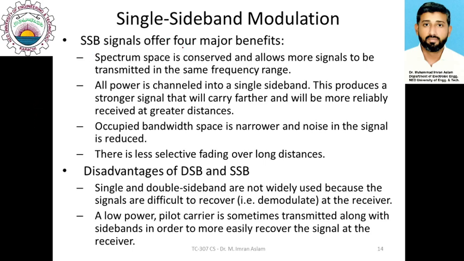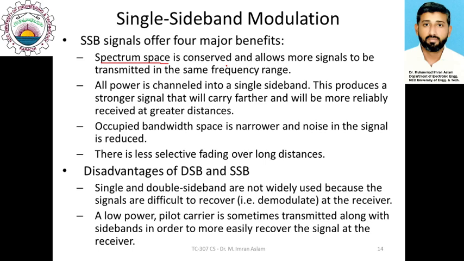So there are certain advantages of using this single sideband modulation scheme, the SSB scheme. First of all, the spectrum space is conserved, because we do not need to transmit two sidebands simultaneously.